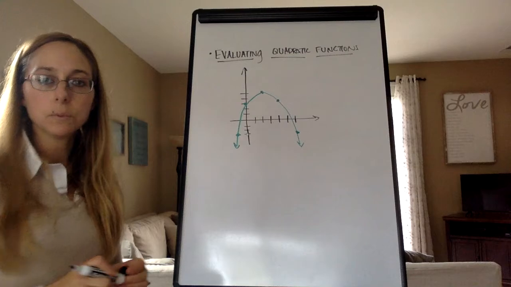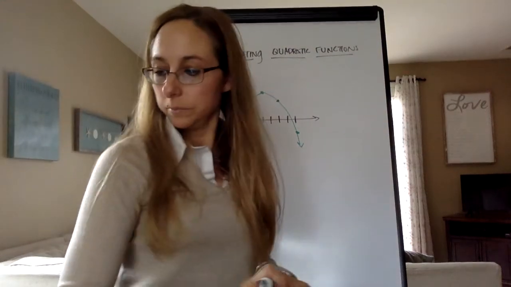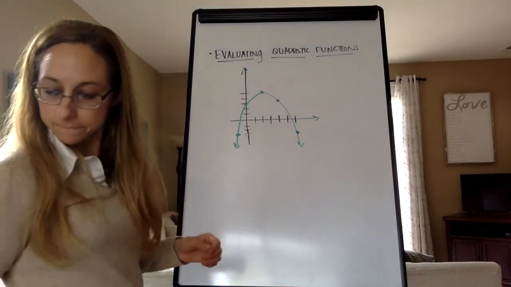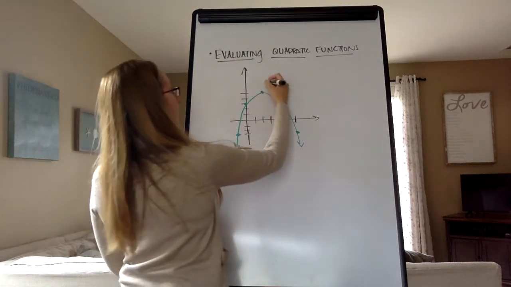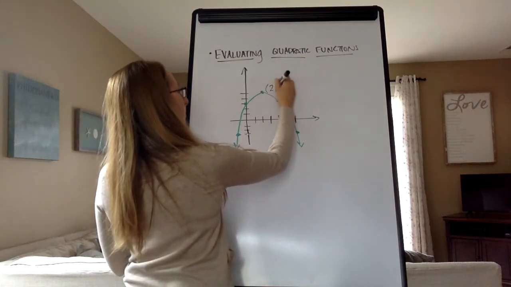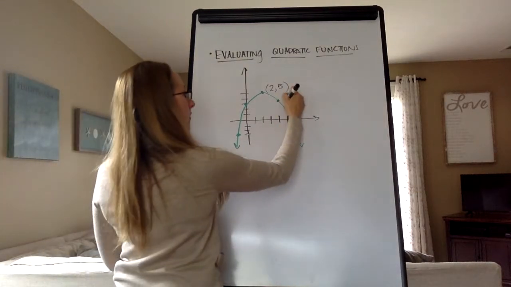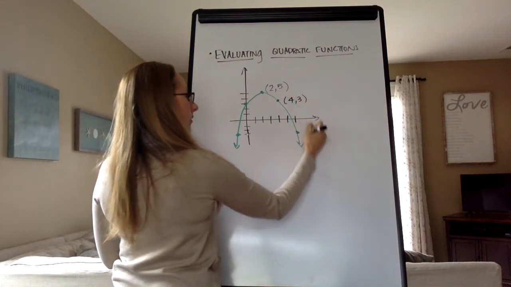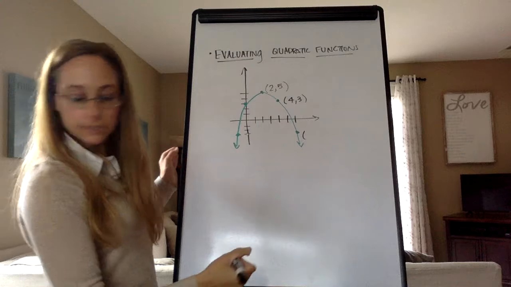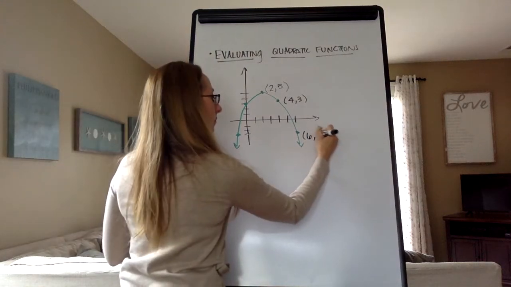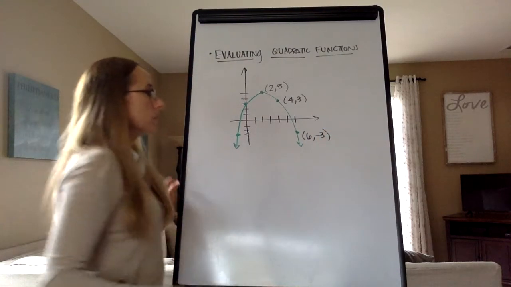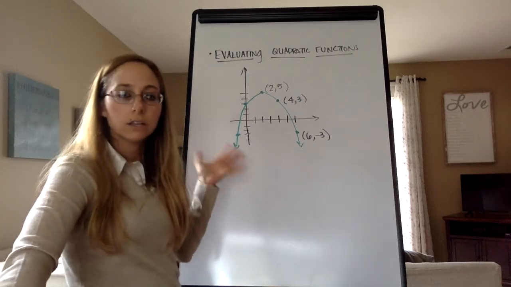Let's go ahead and look at the points. We have (2, 5). We have (4, 3). And we also have (6, -3). So this is a quadratic when it's graphed.